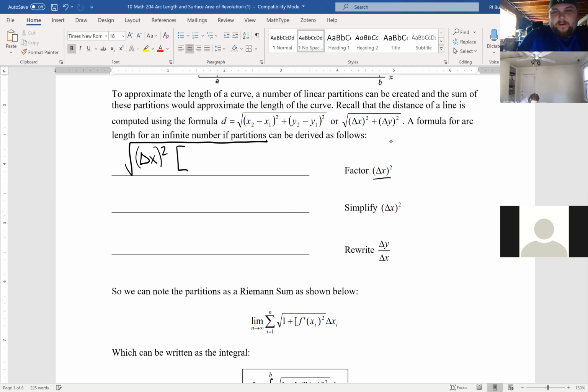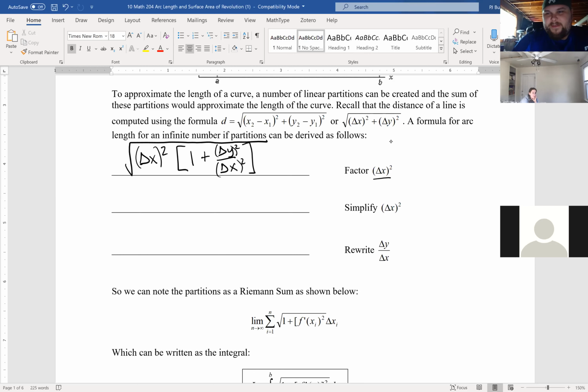Delta x squared from delta x squared is just 1, and from delta y squared, that's really rewriting it this way. If that seems a little strange to you, go ahead and multiply the delta x squared back in, and clearly you'll be left with just delta y squared for your second term there.